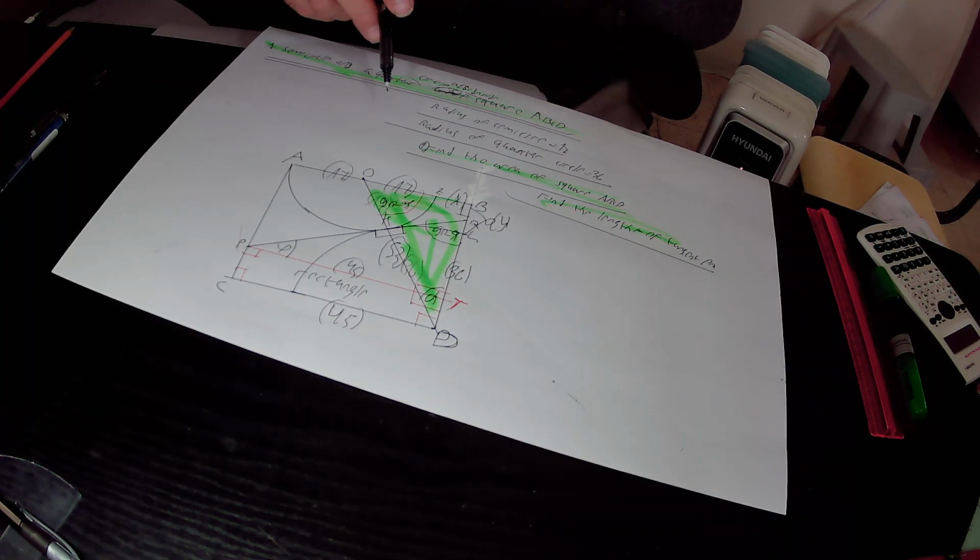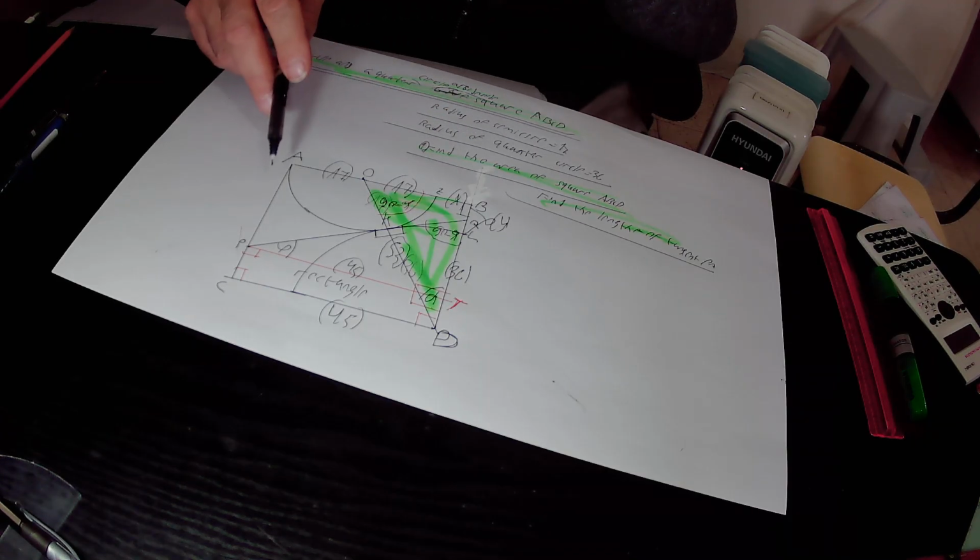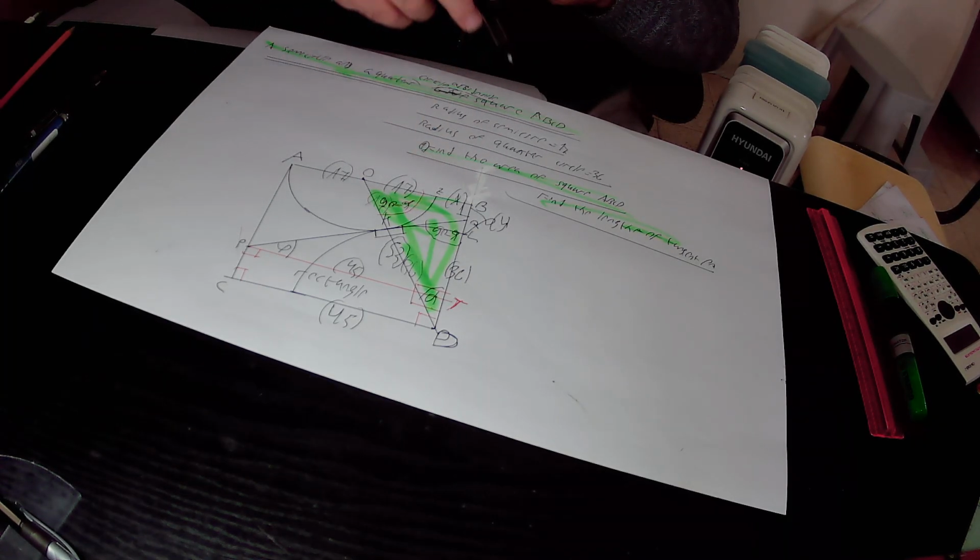So again, right triangle OBD can go into this right triangle PQT.